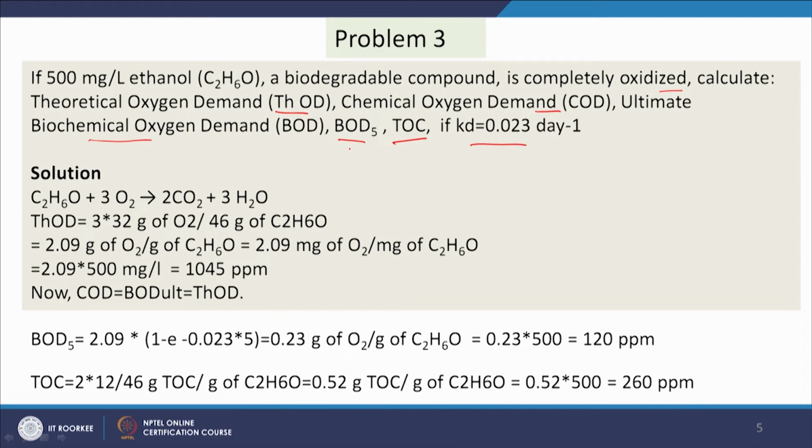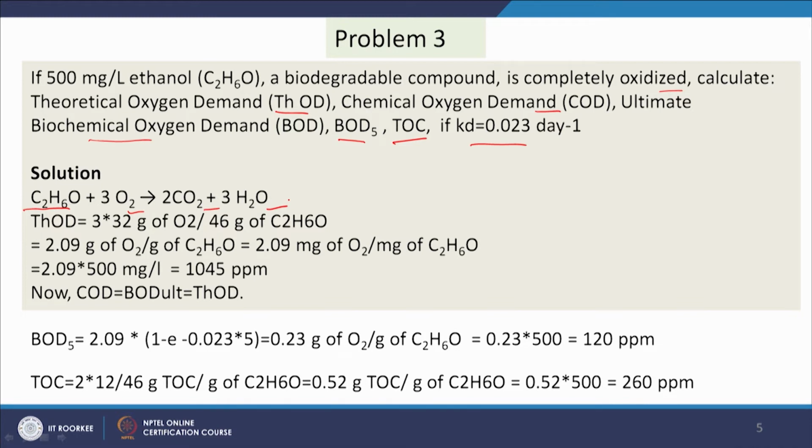Now we will see the equation: C2H5OH plus 3O2 gives us 2CO2 plus 3H2O. So, this is the stoichiometric expression.